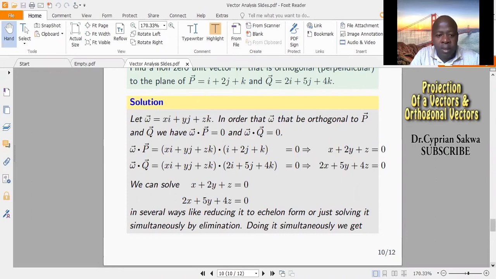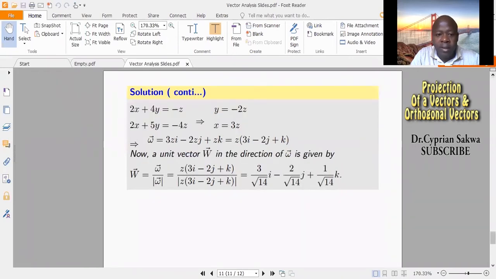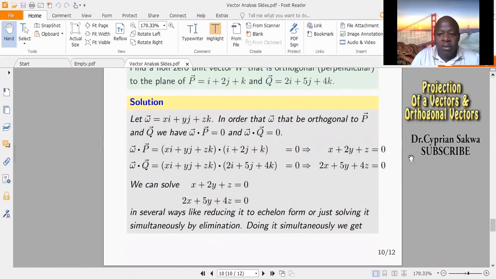So let's begin by first of all finding a vector that is orthogonal to both P and Q. And then after that, we get a vector that points in the same direction as that one, that is of unit length. Now, let's call that vector omega.